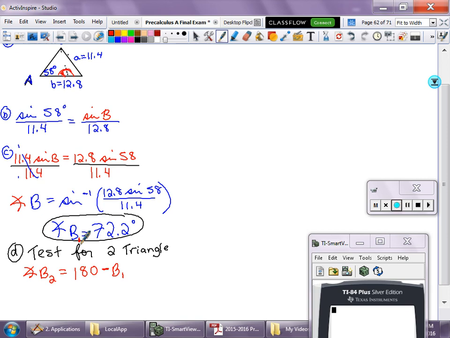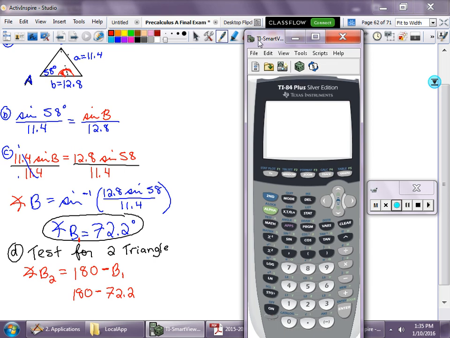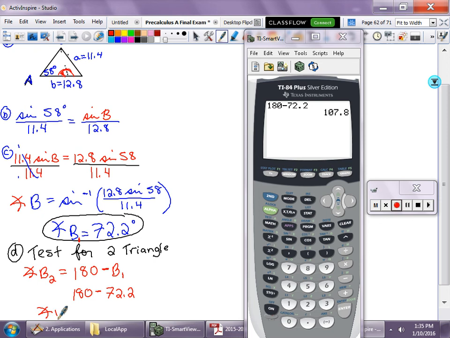We put this in our calculator, which would be 180 minus 72.2, and we get the second possible angle is equal to 107.8 degrees.